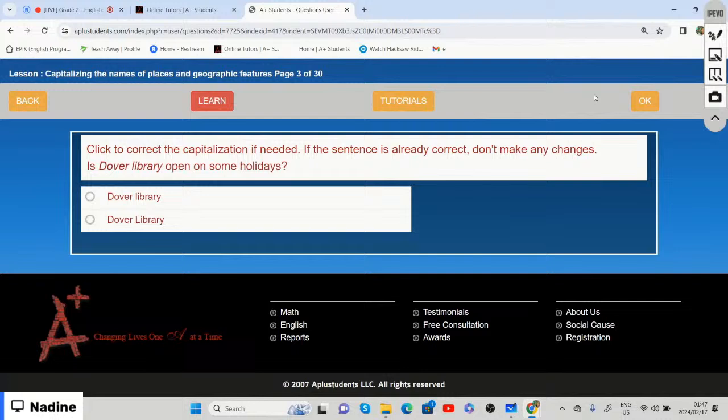And then it says, is Dover Library open on some holidays? So is it option one, which is capitalized D for Dover and lowercase L for library? Or is it option two, where both are capitalized?